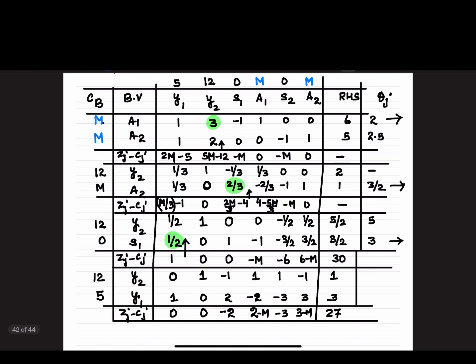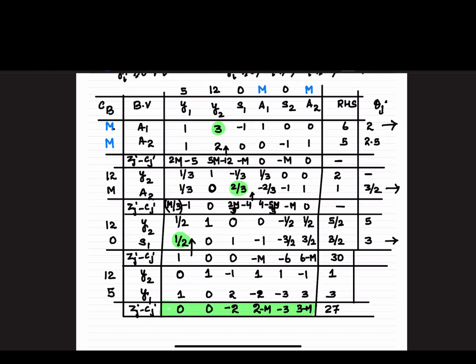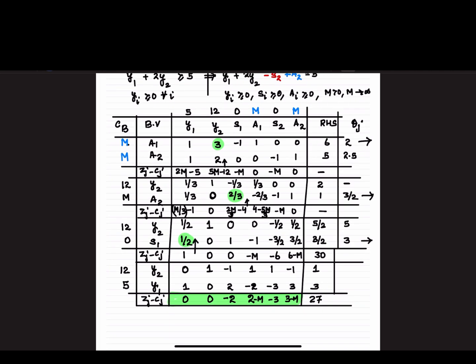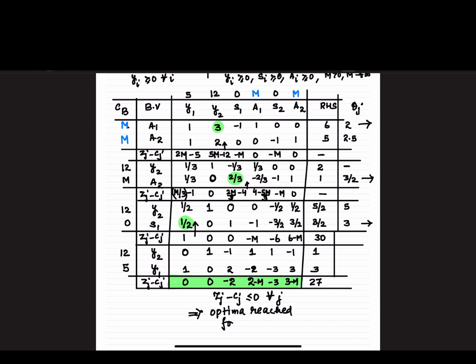This Zj minus Cj row has values that are all non-positive. And Zj minus Cj being non-positive is the optimality criteria for a minimization problem for all j. This implies optima reached for a minimization case.